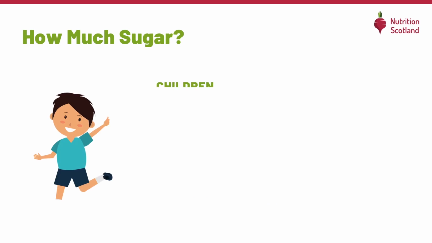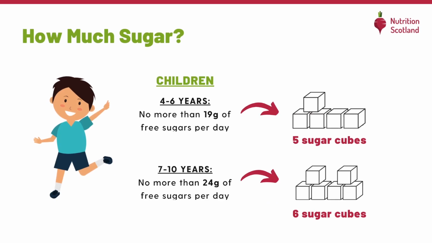Okay, so what are the guidelines for younger children then? Well, compared to adults and teenagers, they have a lower recommended daily free sugar intake. For children aged 4 to 6 years, it is recommended that they consume no more than 19 grams of free sugars per day, which is the equivalent of 5 sugar cubes.